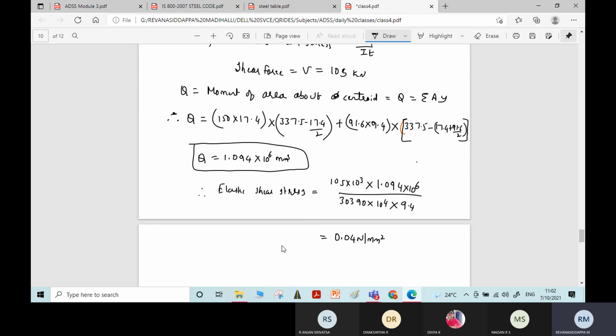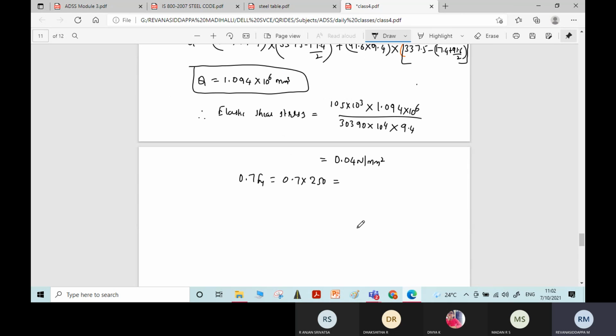Okay, and this value should be compared with 0.7 times Fy. Fy given is 250. What is the answer? 175 Newton per mm square.